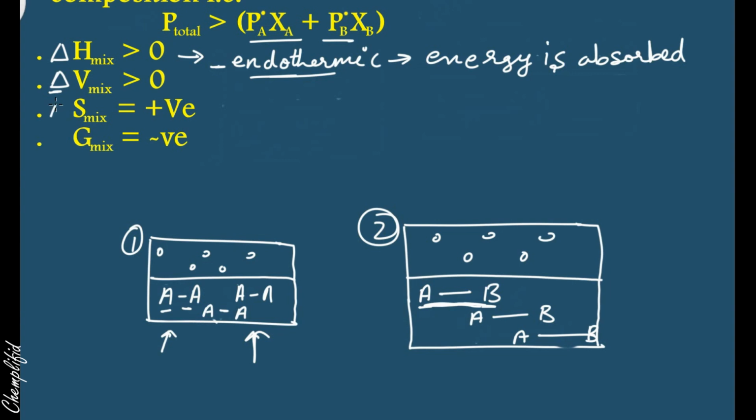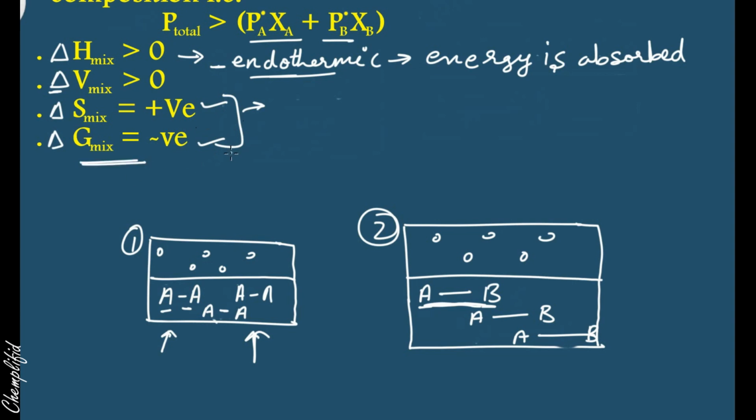Now, delta S mixing is positive and delta G mixing is negative. We have already talked about this, that these two values will never change for ideal solution as well as for non-ideal solution. Why will entropy not change? Because in both cases randomness is increasing, number of particles is increasing, and delta G is negative. Why?